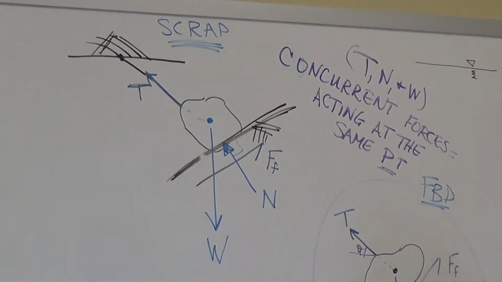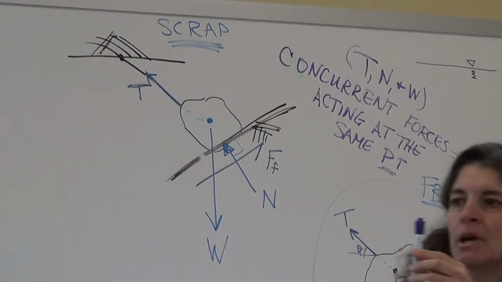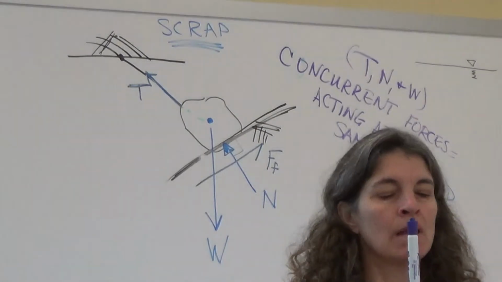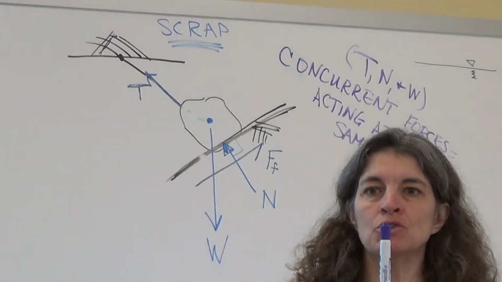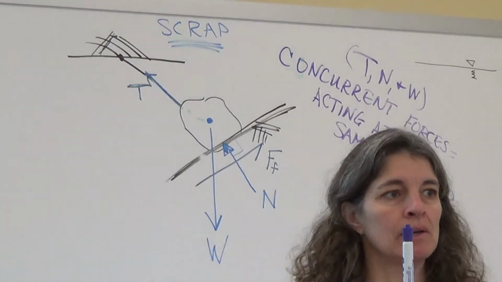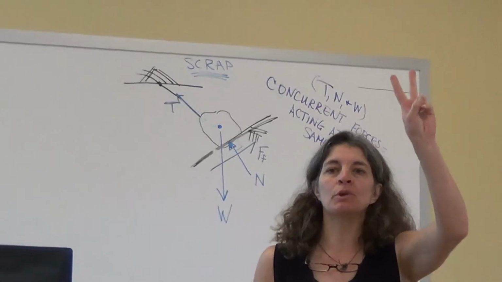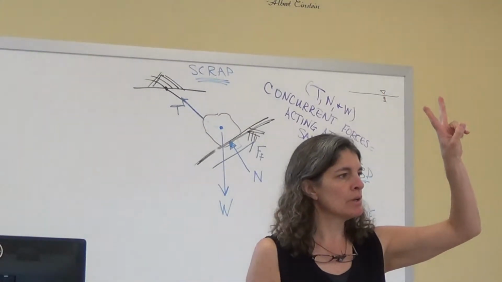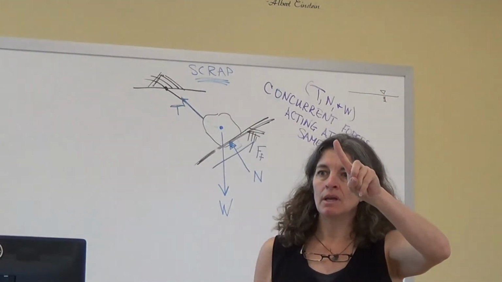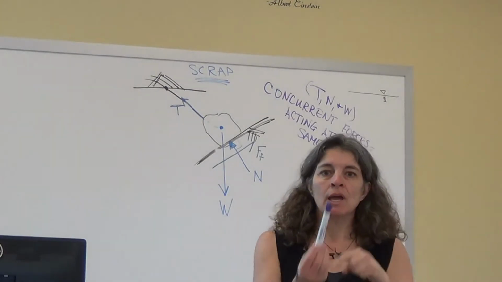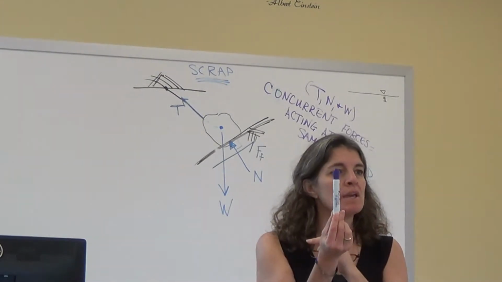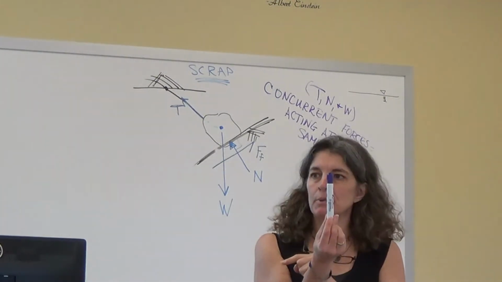So let's think about that. Everybody look up here. If I have this body and all the forces are acting towards the center of the body, what kind of motion can it experience? Well, first, what are the two different types of motion? Linear, translational, and rotational. If all the forces are acting at the same point, what kind of motion can it experience?